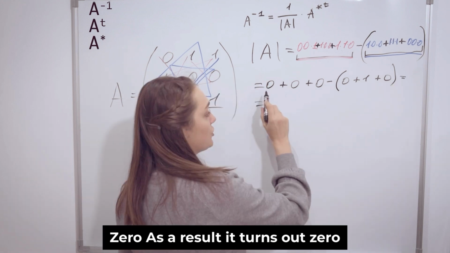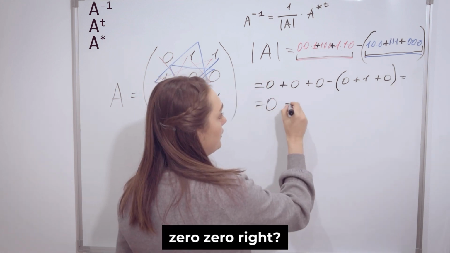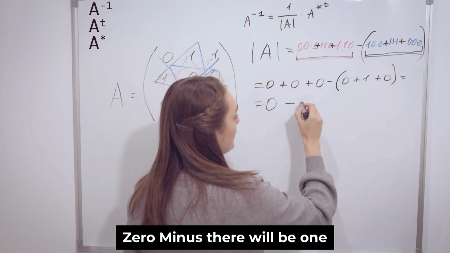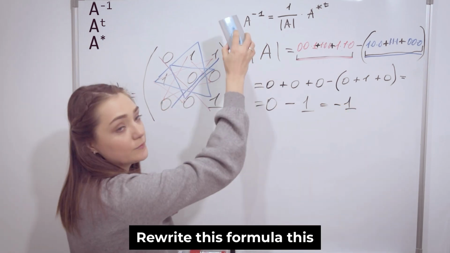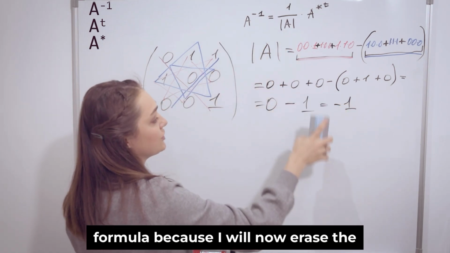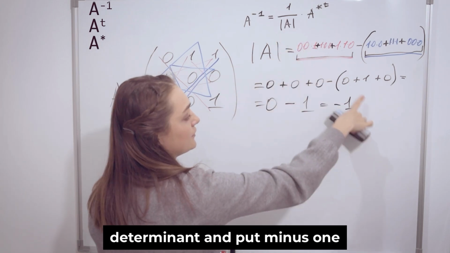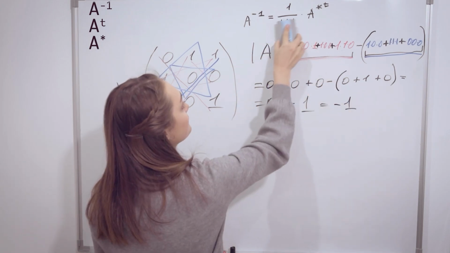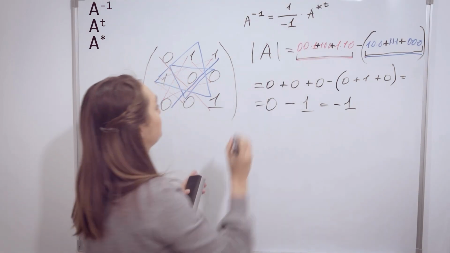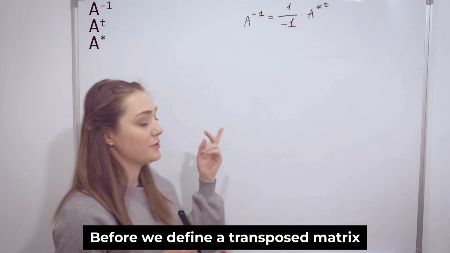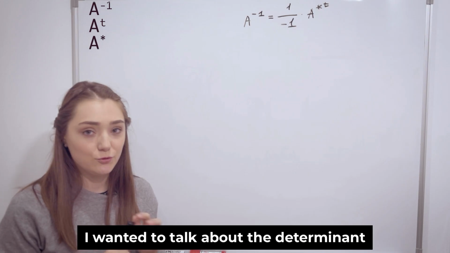As a result, it turns out 0, 0, 0. 0 minus 1 gives minus 1. I will now erase the determinant and put minus 1. Before we define a transposed matrix, I wanted to talk about the determinant.